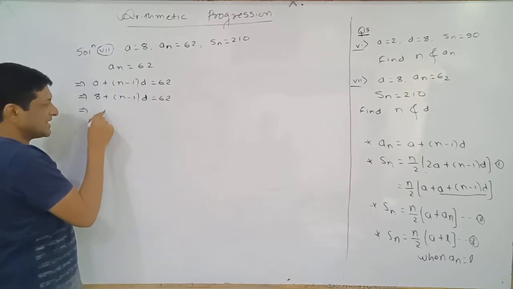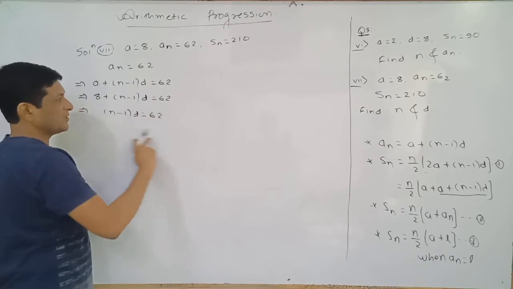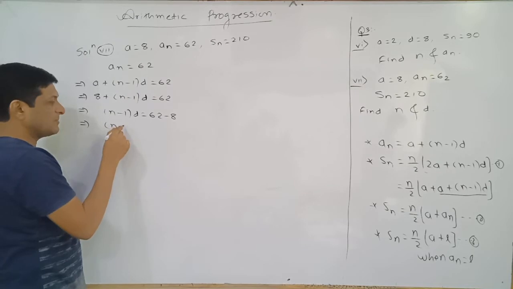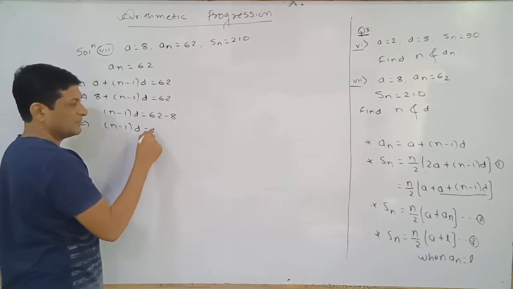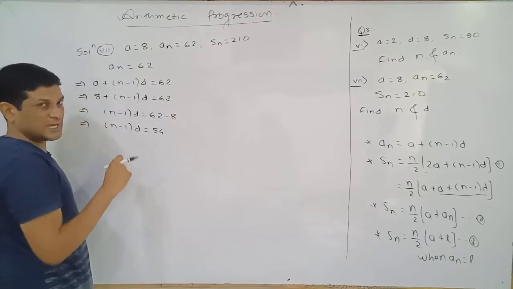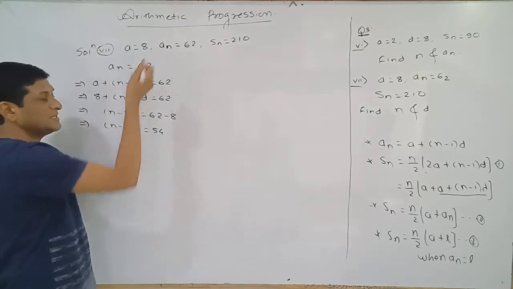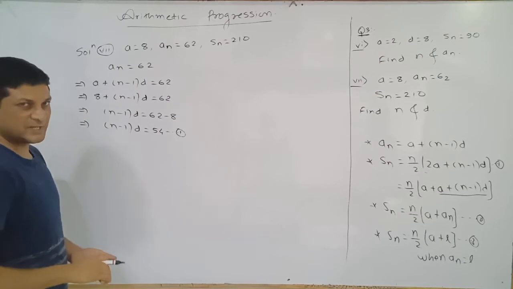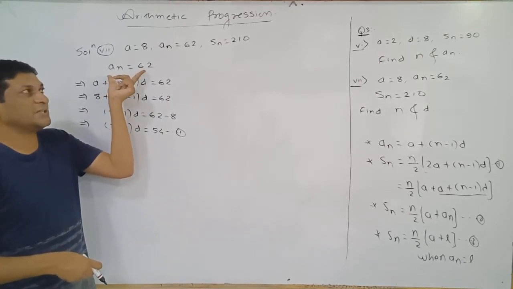So this implies that n minus 1 into d is equal to 62, where plus 8 on this side will become minus 8. So n minus 1 into d is equal to 62 minus 8, which is equal to 54. Now n and d, two unknown values, are there, so we do not have the value of n or d here. Let us denote this expression by equation number first. This equation we have got using the first condition in the example.